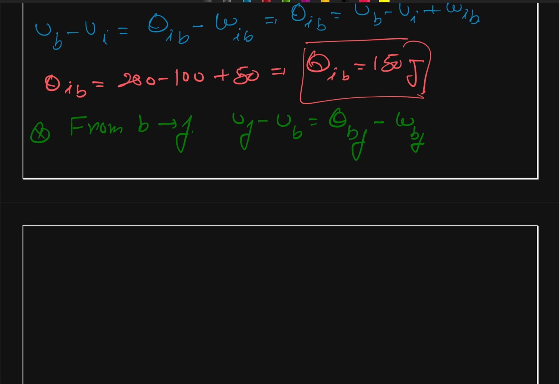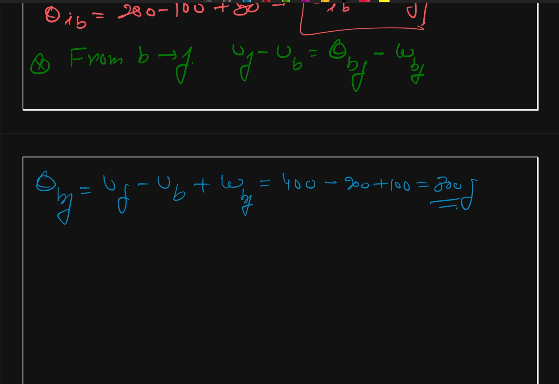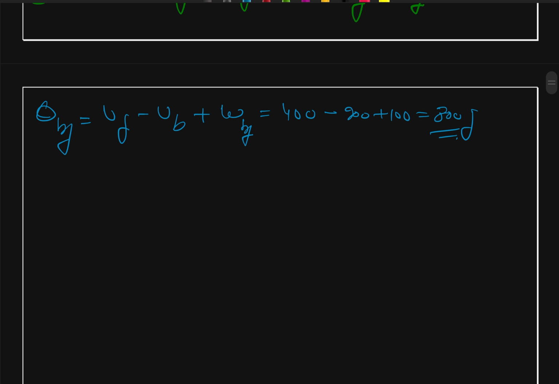Therefore, we can say that our QBF will be equal to UF minus UB plus WBF, and we get this as 400 minus 200 plus 100, which is equal to 300 joules. Now we can easily find out the ratio.